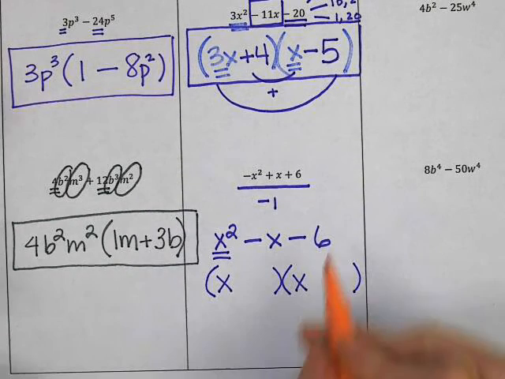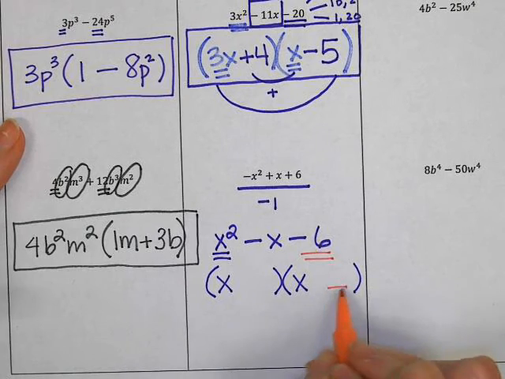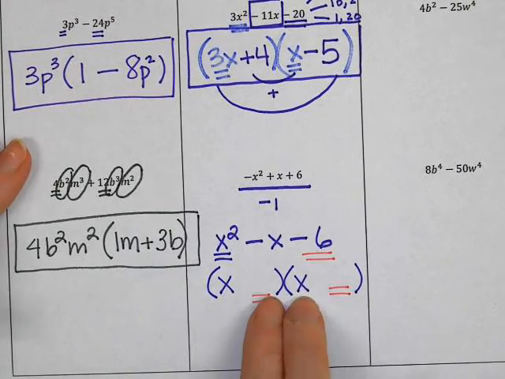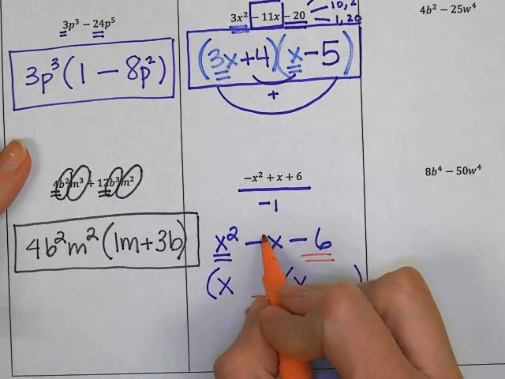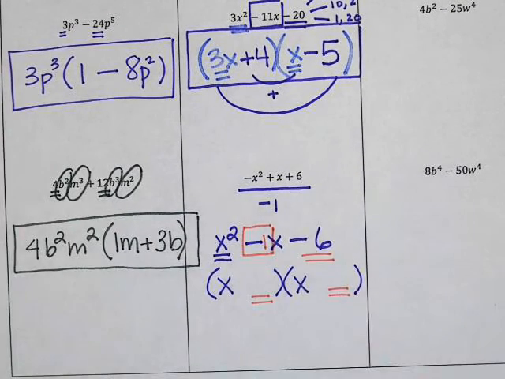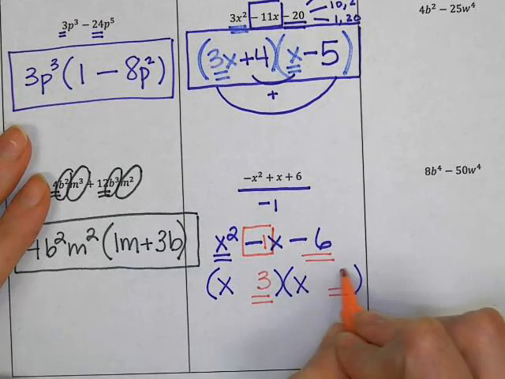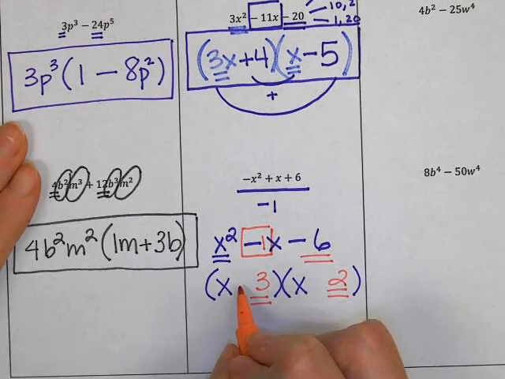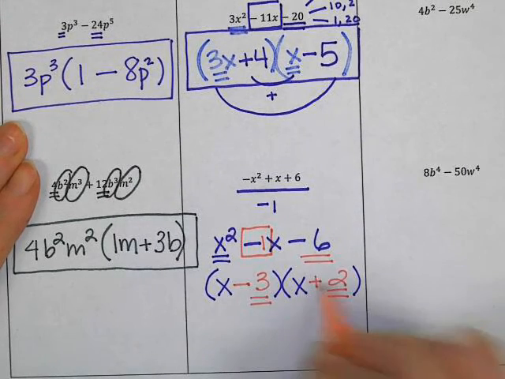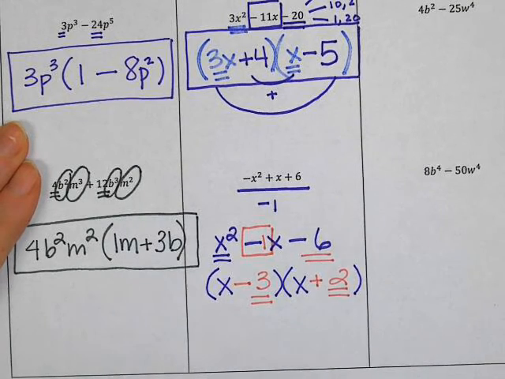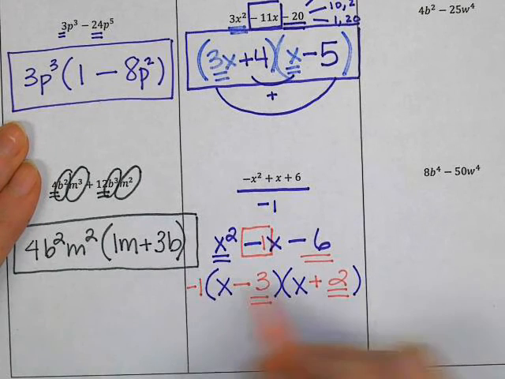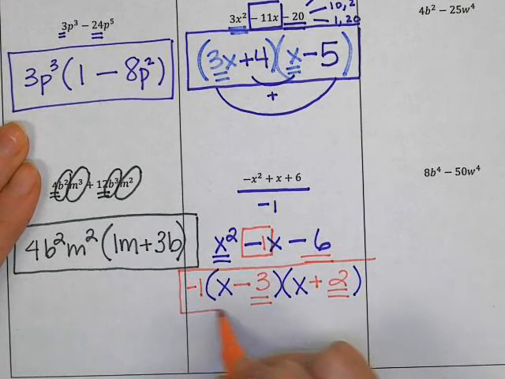And then we need two numbers that multiply to negative 6, but at the same time, the inners plus the outers have to add to negative 1. So it's probably 3 and 2, and to get negative 1, we need a negative 3 and a positive 2. Oh, and don't forget, whatever GCF you divided by, you always put it out front. That is the final factored answer.